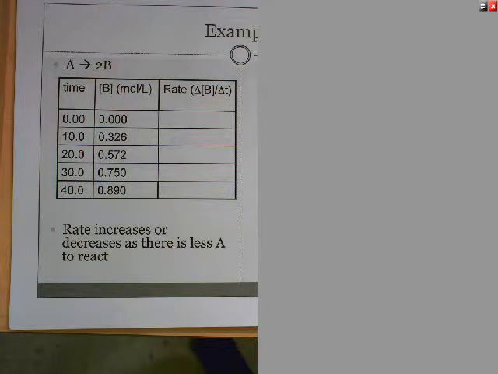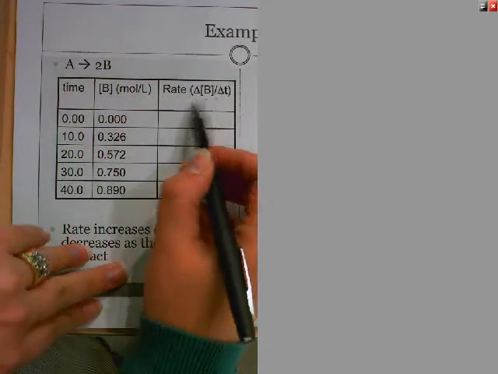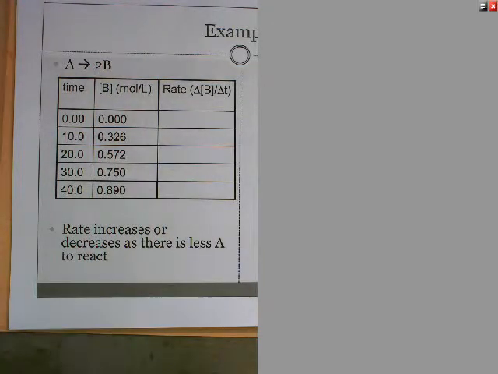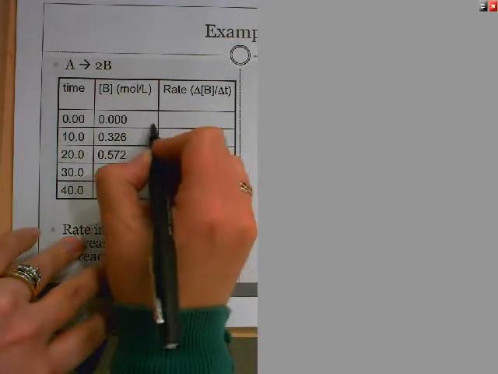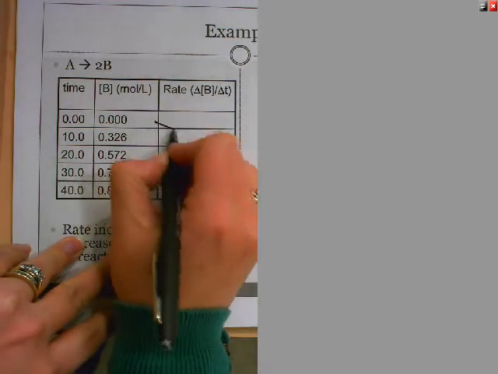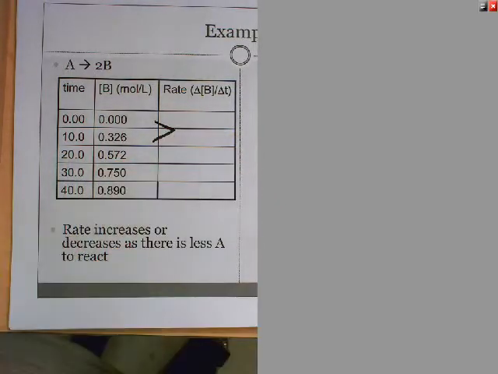I'm going to look at the rate of B appearing, because I collected B data. And in order to calculate these things, this is change in concentration divided by change in time. So we're going to compare 2 data points. These 2 data points.